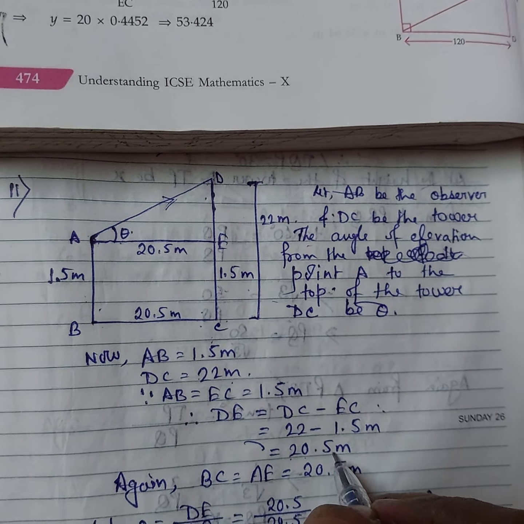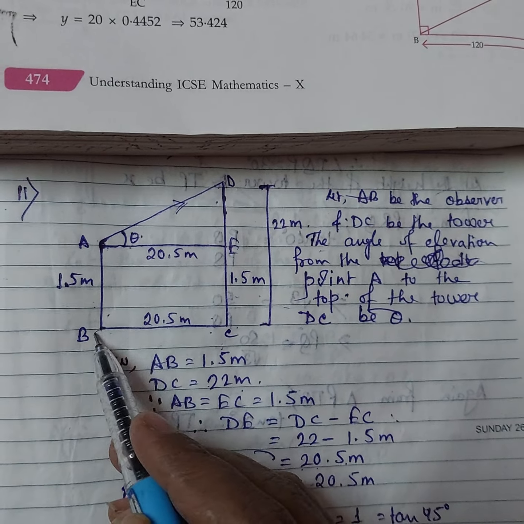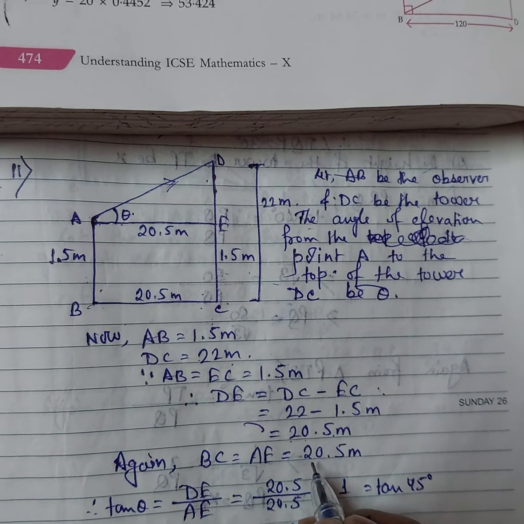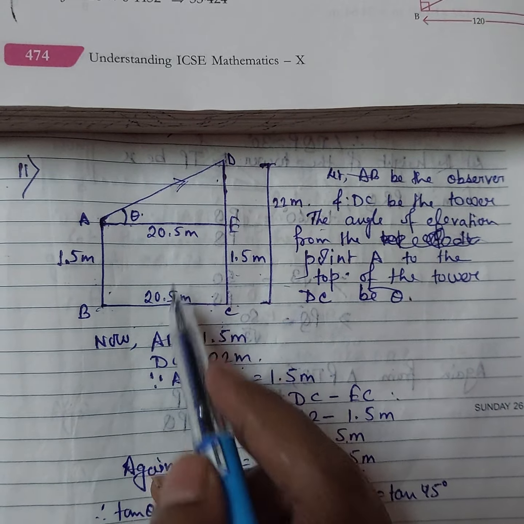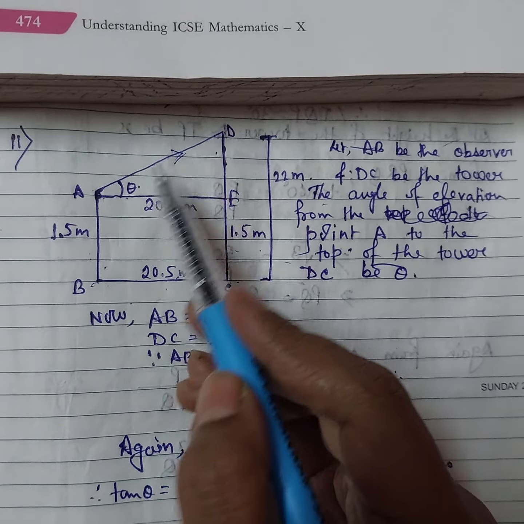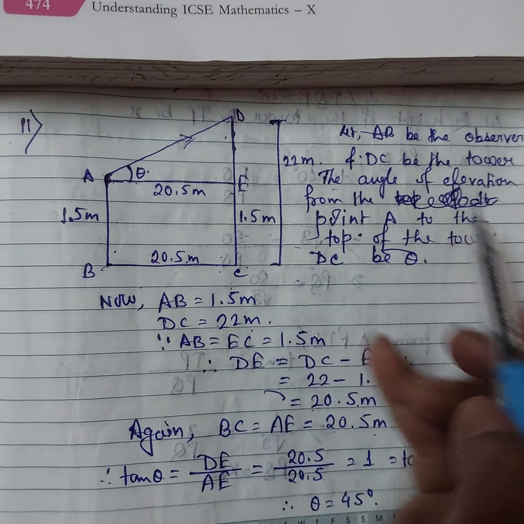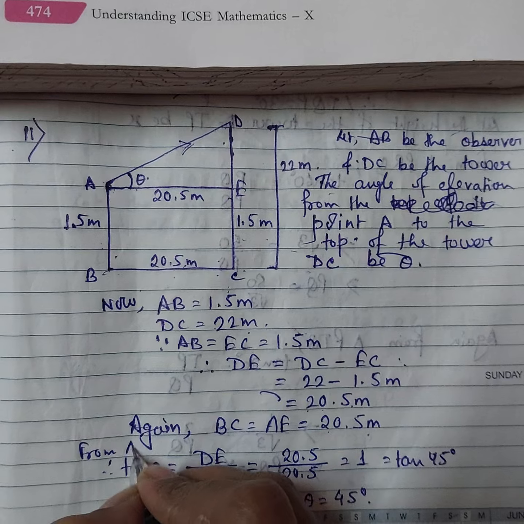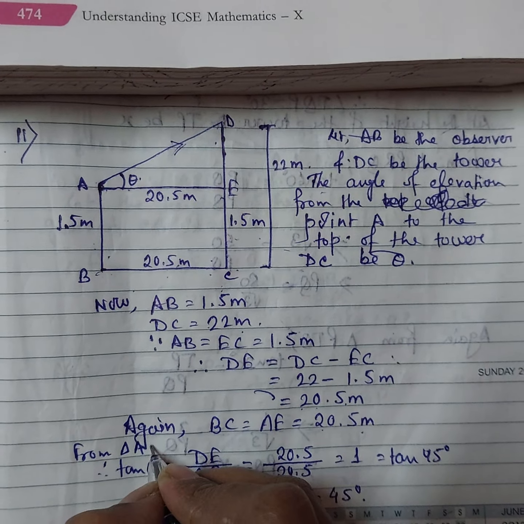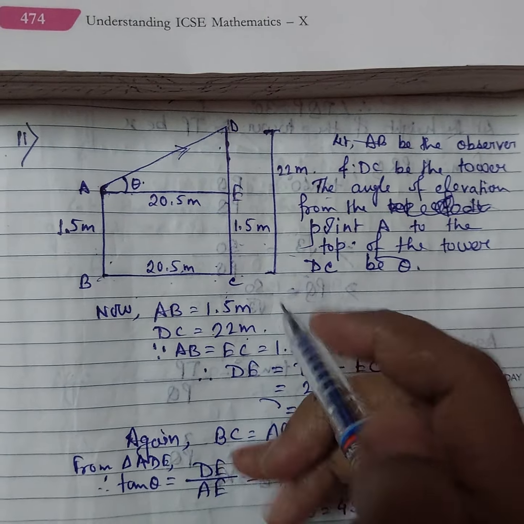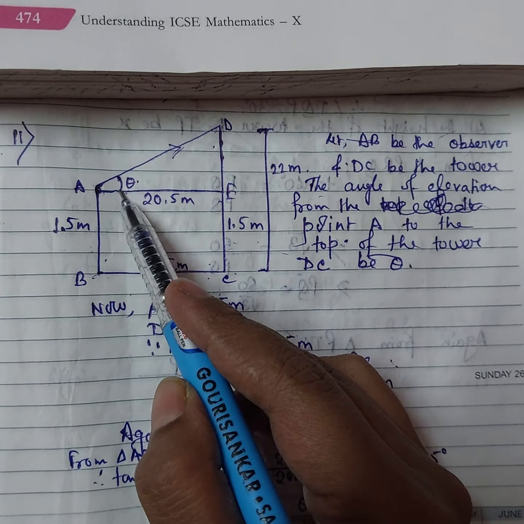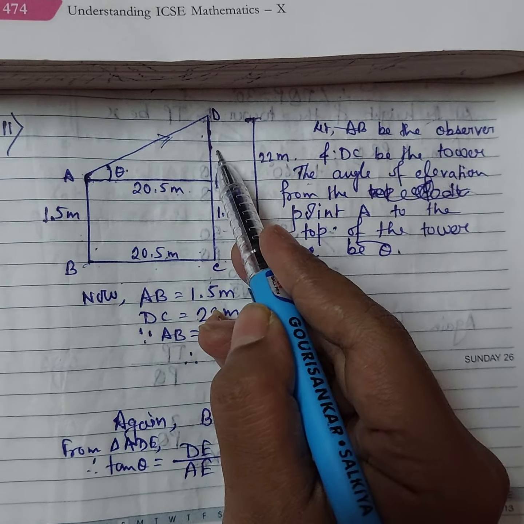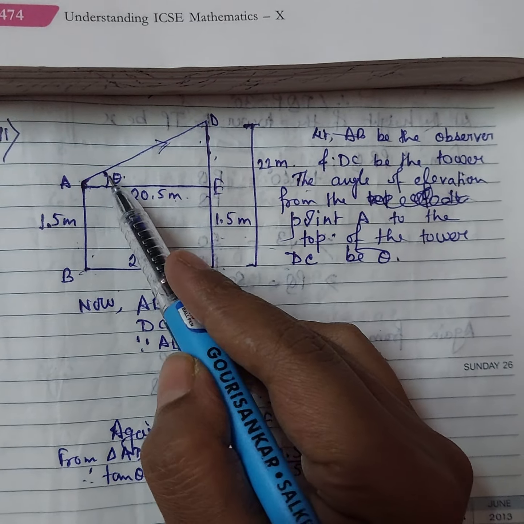Again BC is equal to AE, which is 20.5 meter, both are 20.5 meter. So from triangle ADE we can say that tan theta is equal to perpendicular by base. Here the base is given, and you have to find the angle of elevation.